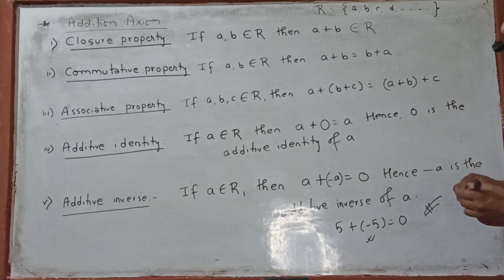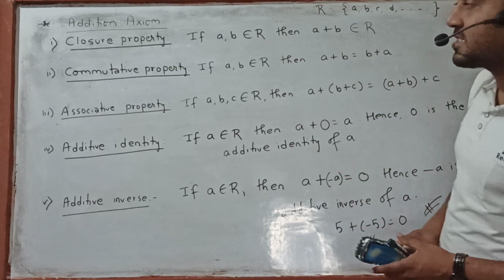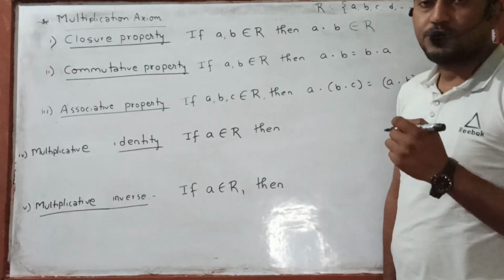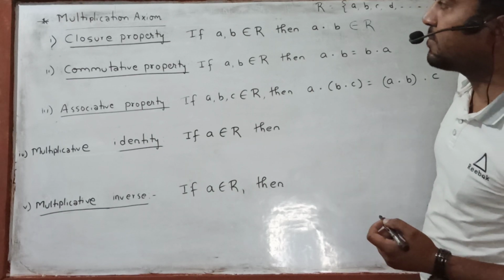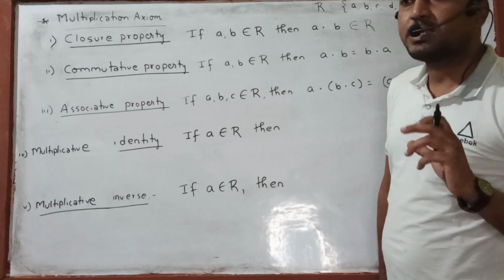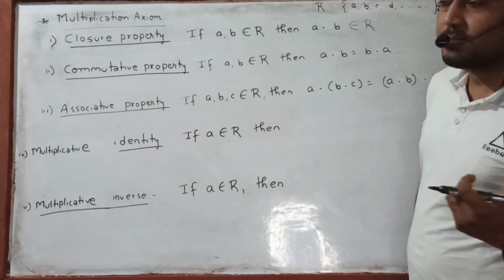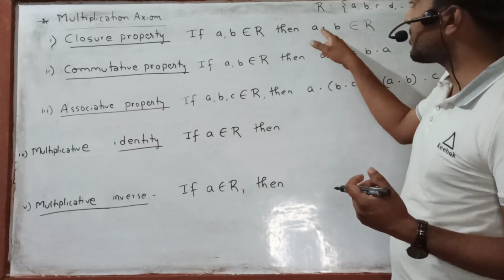Okay, so we are clear about all these addition axioms. Now let us go to the multiplication axioms. Multiplication axioms are the same as addition axioms. In place of plus, we just write multiply, or product, or dot.